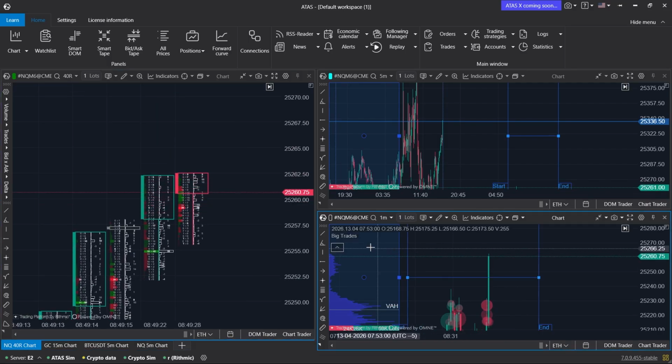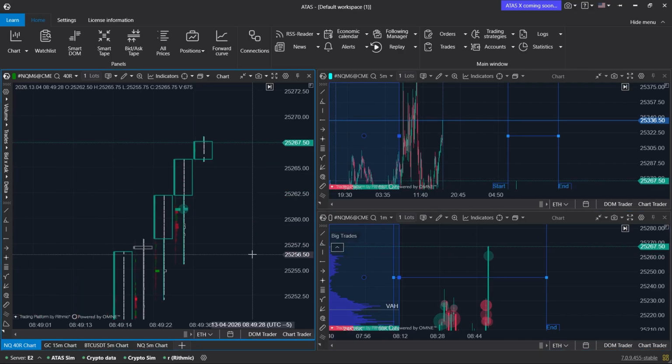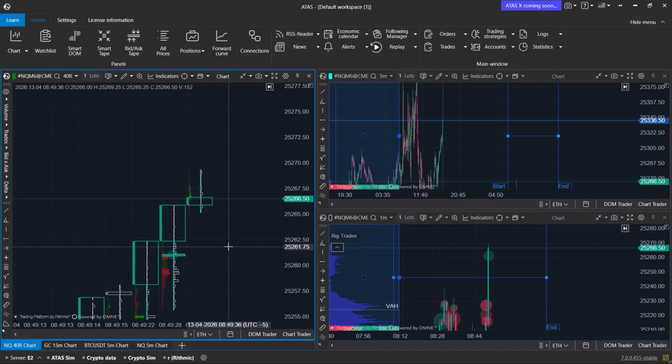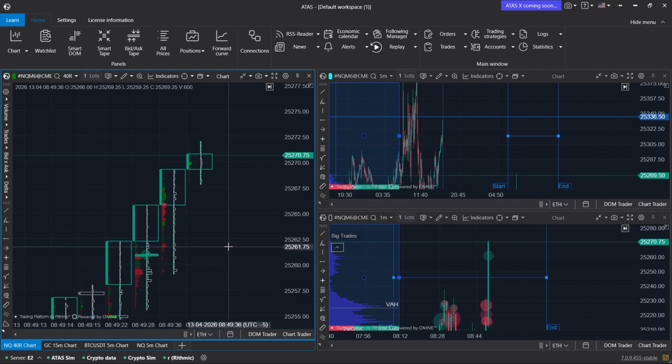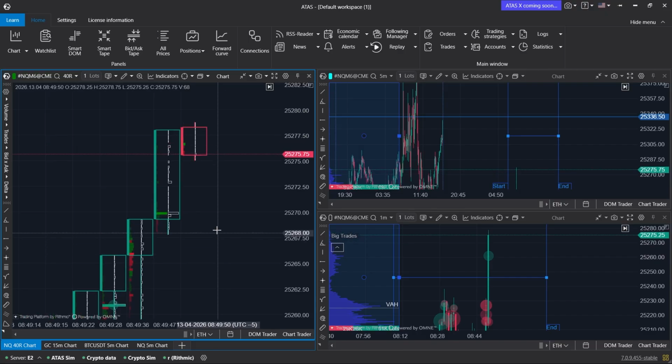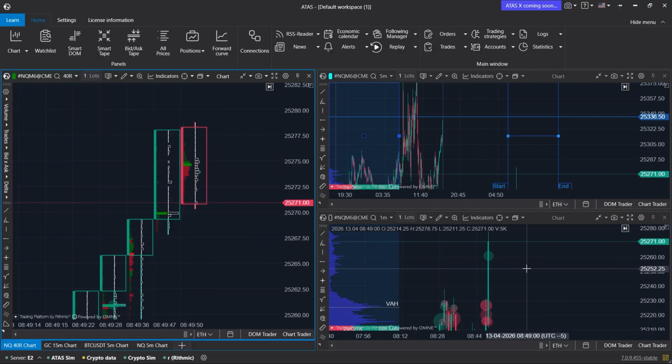I was not able to take a screenshot of that when I trailed my SL, but you'll see when I post another screenshot, when the price was near my TP, where my SL was. So my new trailed SL was below these big buyers.